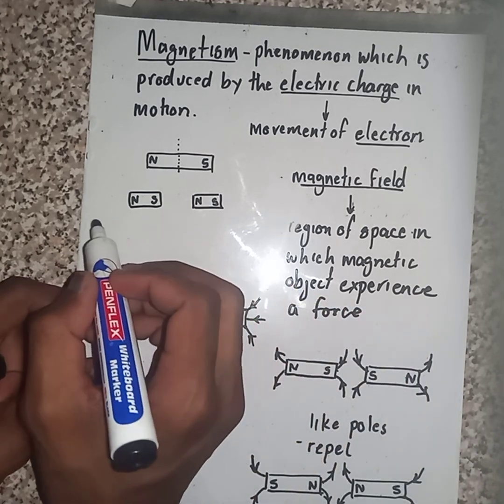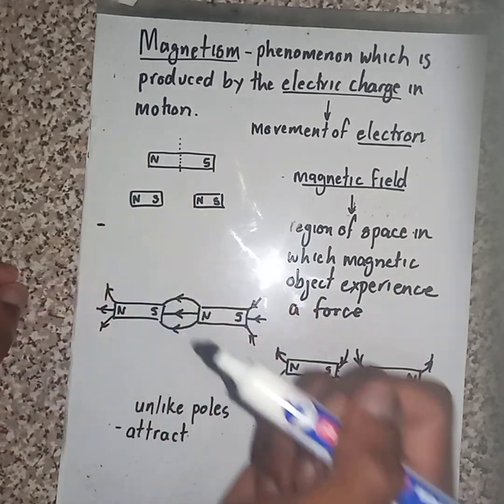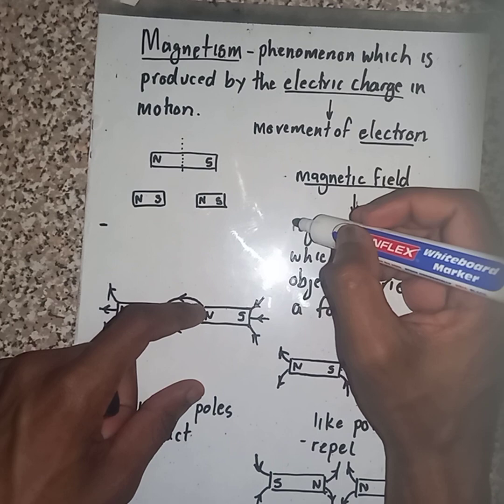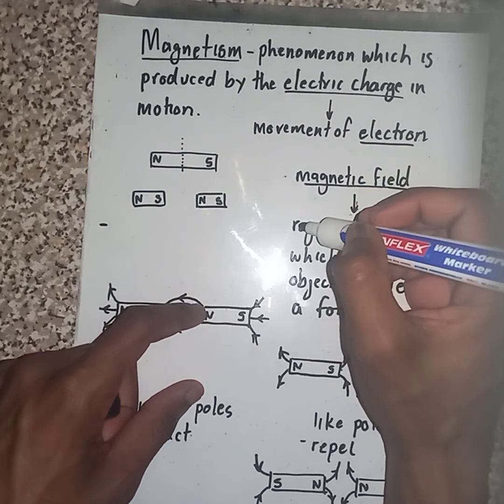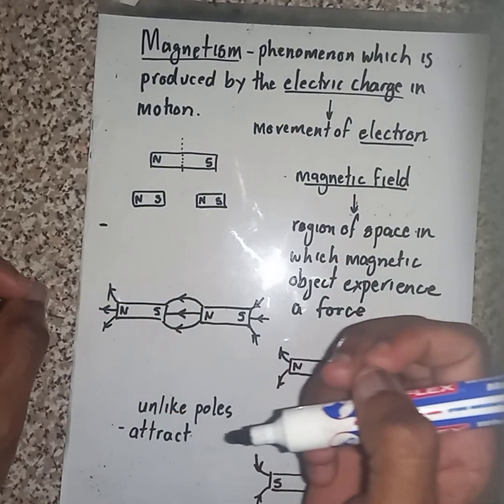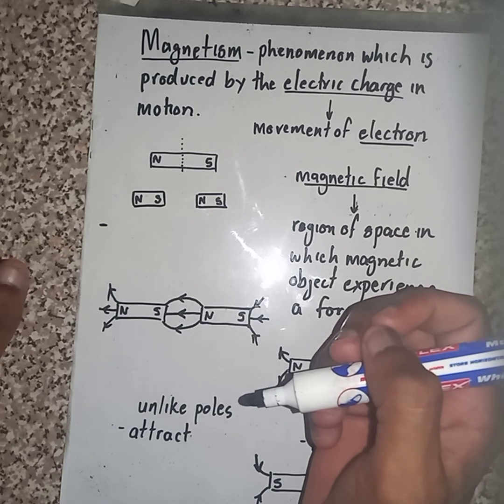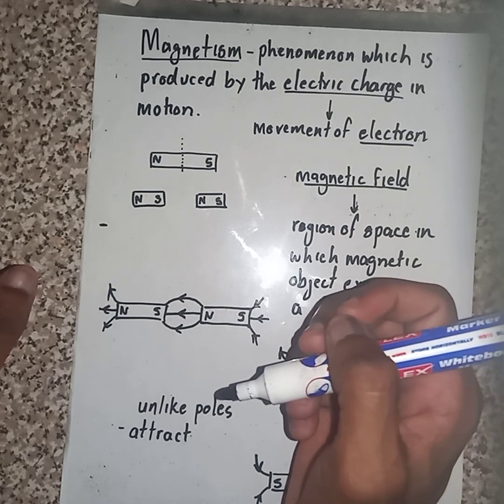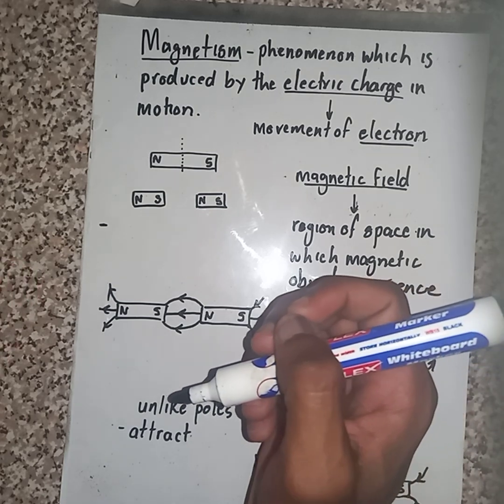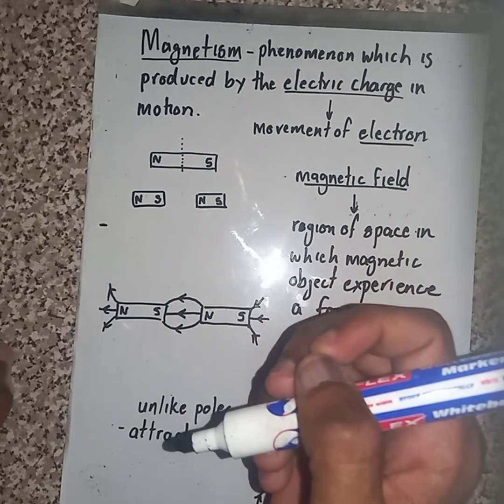And okay, the earth that we live on also produces a magnetic field. Then what are the advantages of the magnetic field that the earth produces?